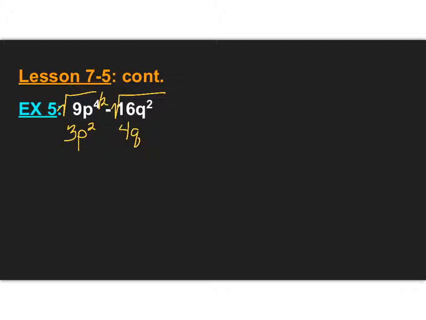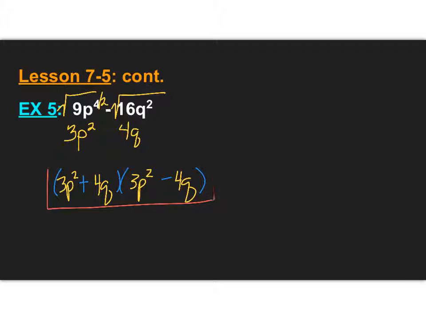So it is the difference of two perfect squares, and so I know for a fact the pattern is going to be two parentheses, one with a plus and one with a minus. The 3p squared goes first, and then the 4q. 3p squared and 4q. And there's your answer.